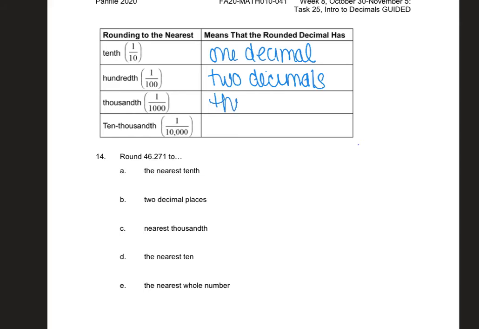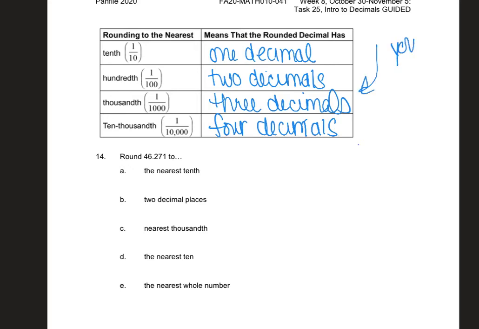Thousandth is 3 decimals. And 10,000 is 4 decimals. Now remember, you're rounding to, so at the end you want to end up with that many digits.